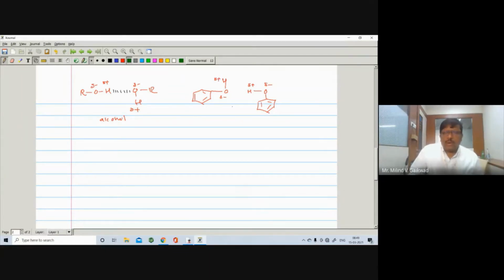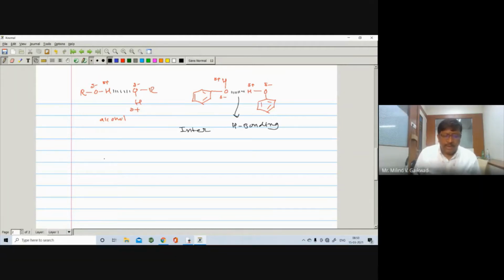So there is formation of such type of hydrogen bonding. Due to the H bonding, the frequency will appear at lower. This is the example of intermolecular hydrogen bonding.